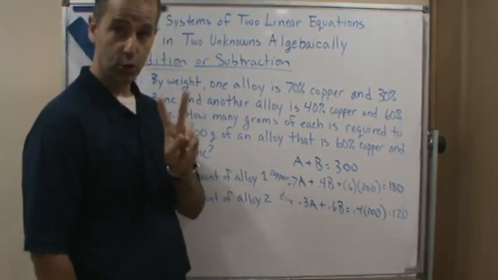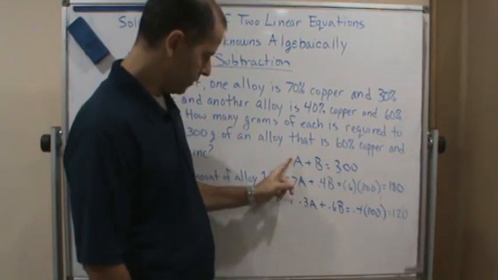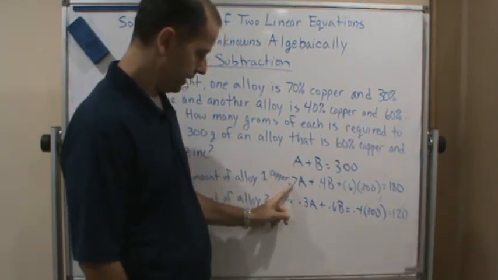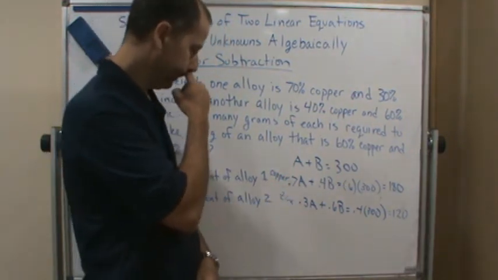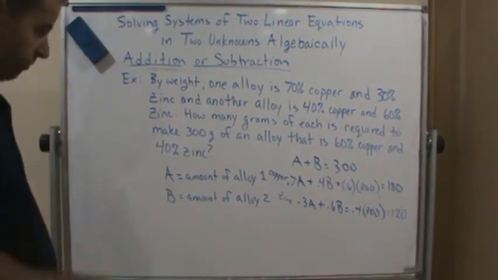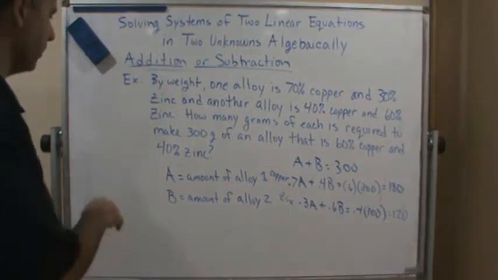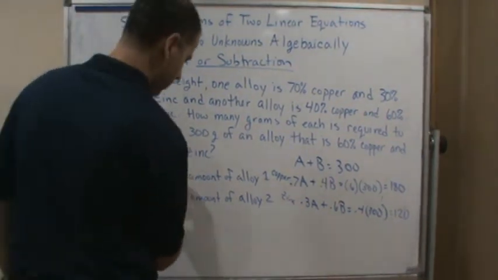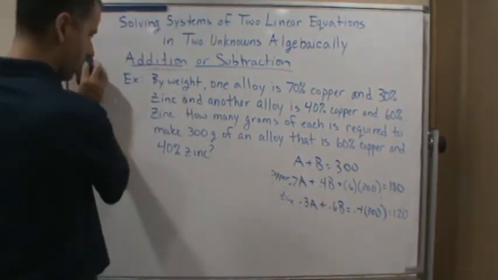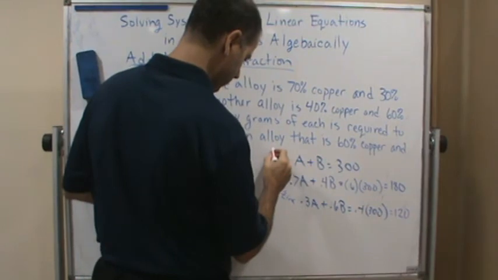Okay, so now I can use either one of these equations with the first one. I only need two equations. So I can use this one with this one, or this one with this one. Okay, so let's just choose these two.